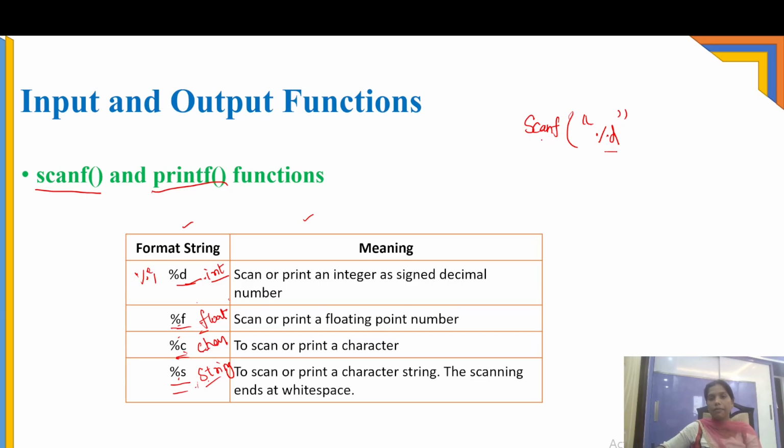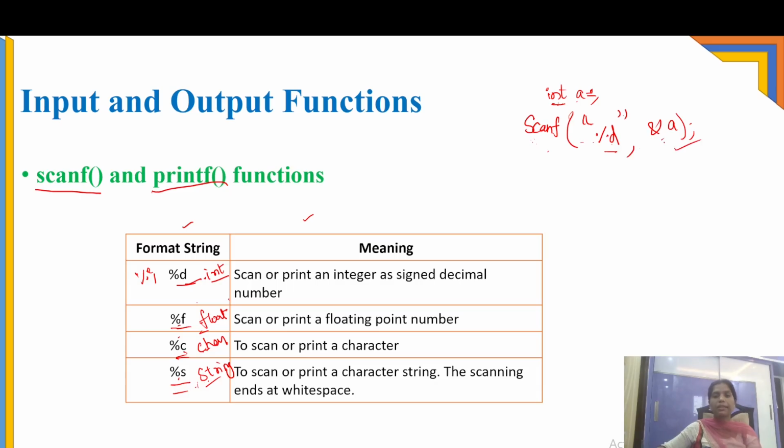The syntax of the scanf function is scanf, open quotation, %d, close quotation, comma, and the variable name. For example, if you want to give the value of variable A, int A, the data type of the variable is integer, and you give the value through scanf("%d", &A).